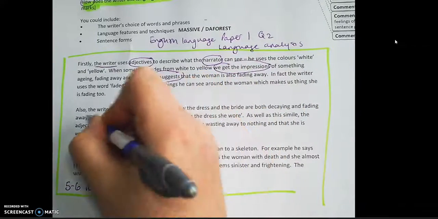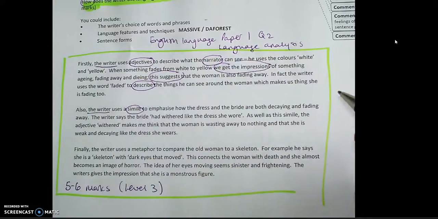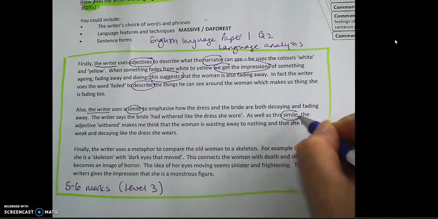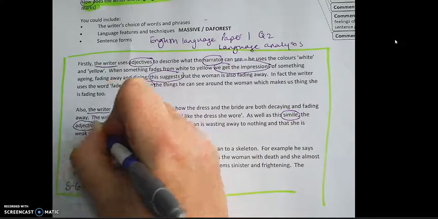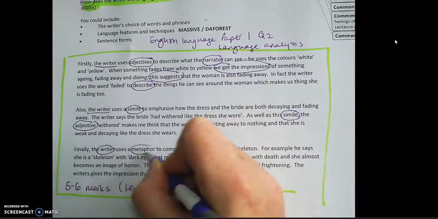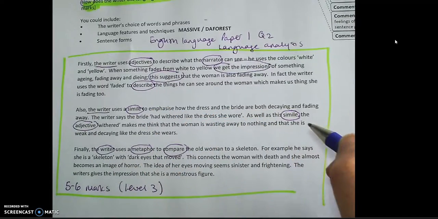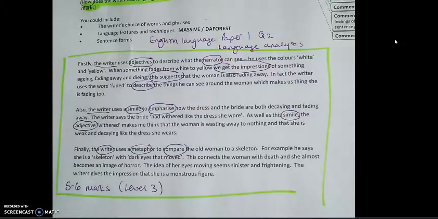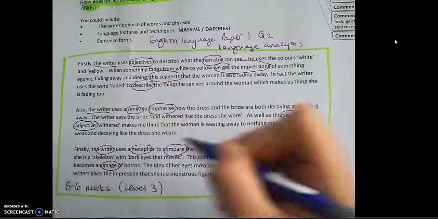Simile. Got the writer again there. Both decaying and fading. As well as the simile again. And the adjective. The writer. Metaphor. Compare. Oh, I used emphasise up here as well. That's a good one, and that is some subject terminology. Let's go with the word death, the image of horror.